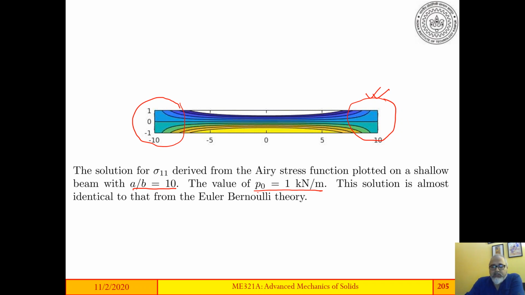Okay. This is the Saint-Venant's principle, which we make good use of in engineering. The fact that the effect of boundary conditions is local to the boundary and dies down quickly as you go to the interior of the body.